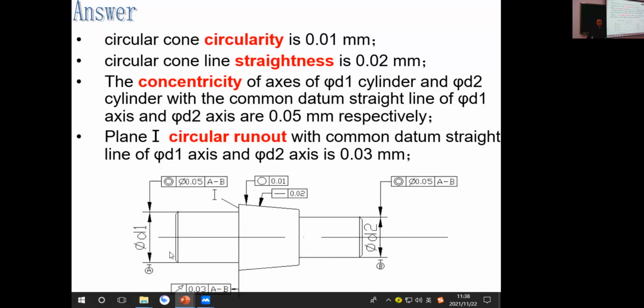It's A to B, datum A and datum B. And this concentricity, we need to write concentricity here, you need to write it 2 times, because this is the datum, and also this is the tolerance feature. You just write one, I think it's right.